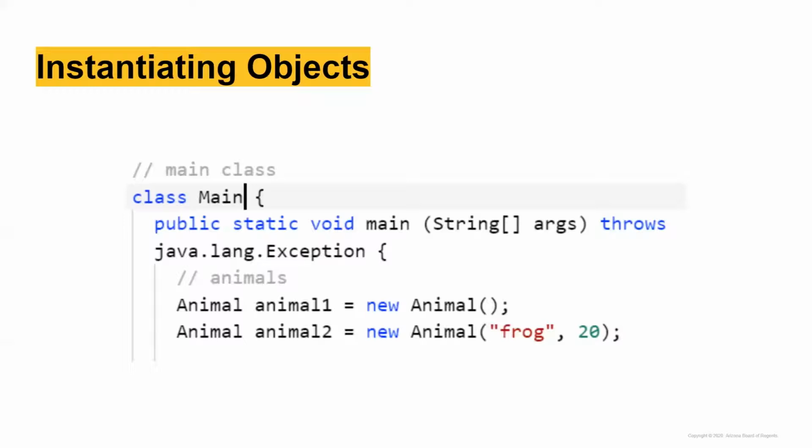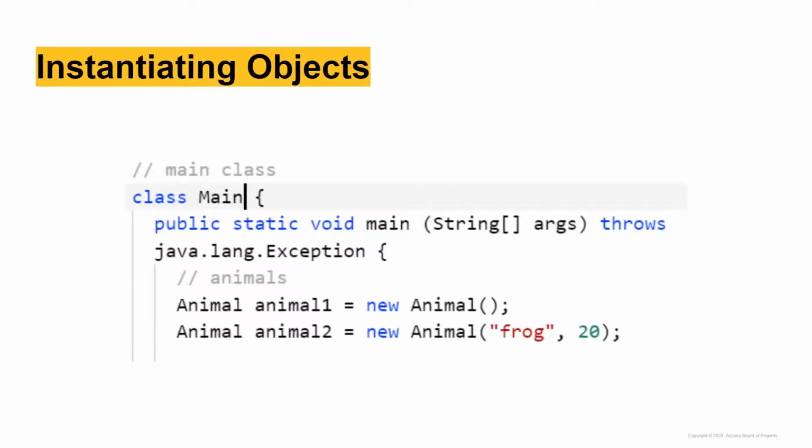Animal 1 was instantiated using the default constructor, so there are no parameters. And animal 2 was instantiated using the parameterized constructor. And you can see when I called that constructor, I inserted frog and 20 for the species and the lifespan.